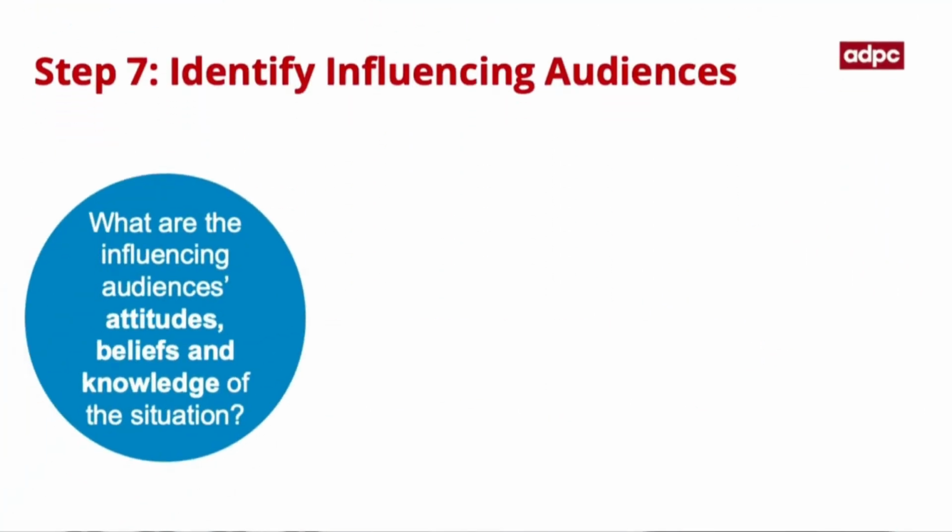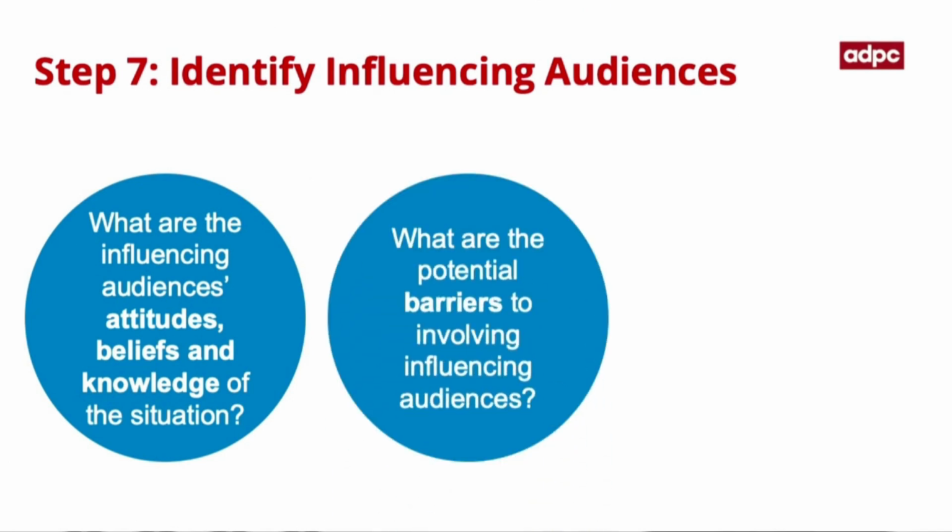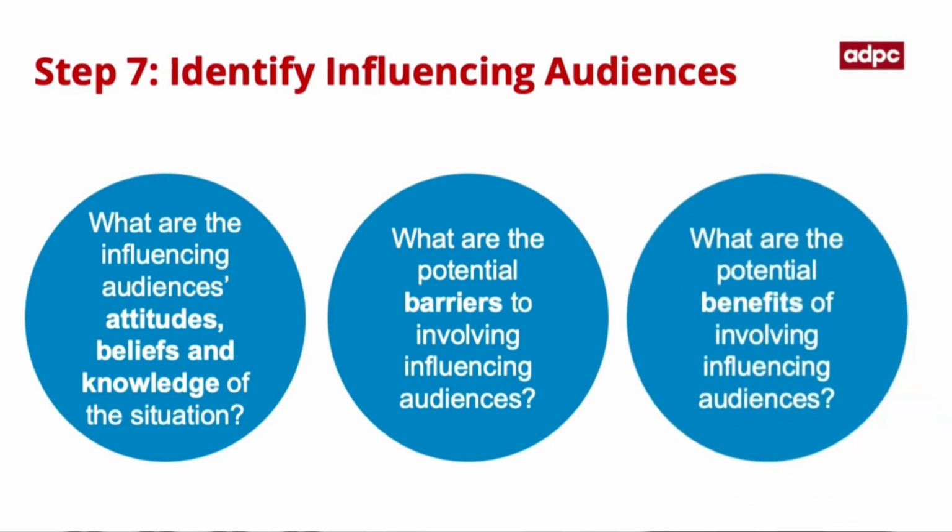What are the influencing audience's attitudes, beliefs, and knowledge of the situation you are addressing? What are the potential barriers to involving influencing audiences? And finally, what are the potential benefits of involving influencing audiences?